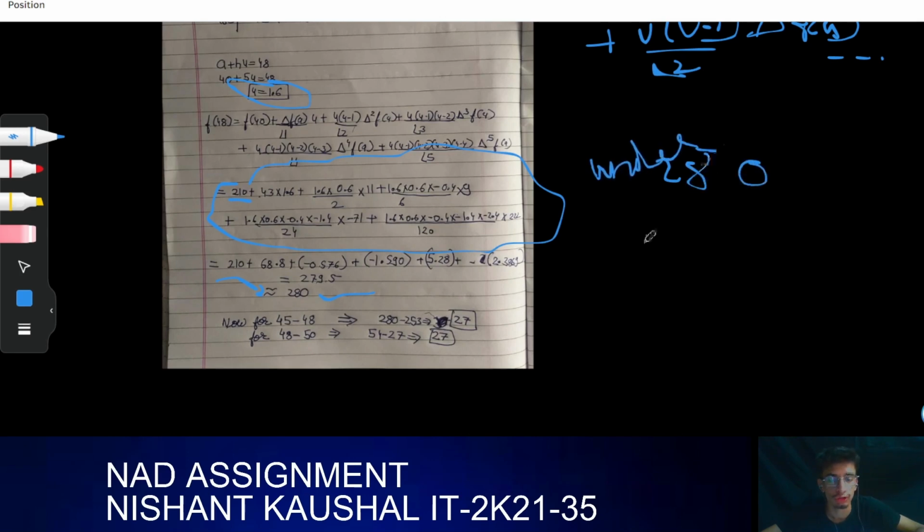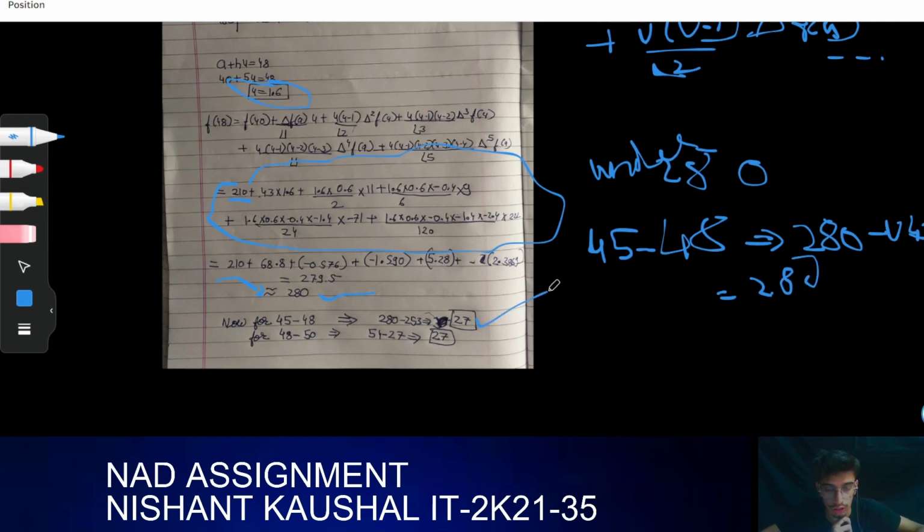So if we want to find the number of students from 45 to 48, what we can do is subtract 280 from under 45, right? So it would be 280 minus 253, which will be 27. Now we have found the range of 45 to 48, and now we want to find the range of 48 to 50.